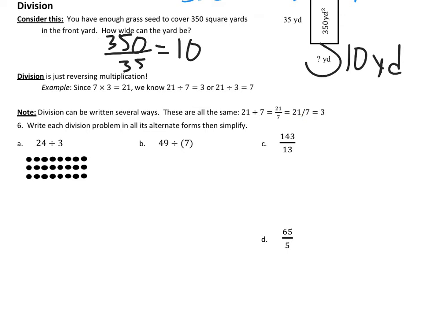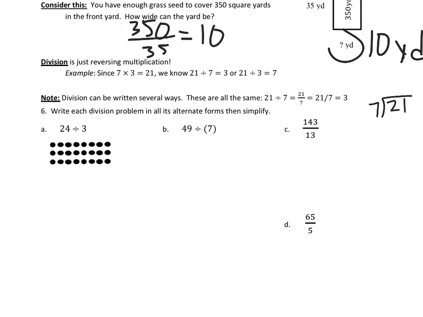Or we can write it using the division stacking form there, 21 divided by 7. It'll look like that. That means the same thing, kind of the longhand version.